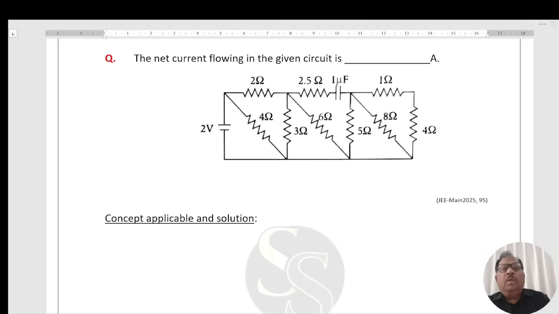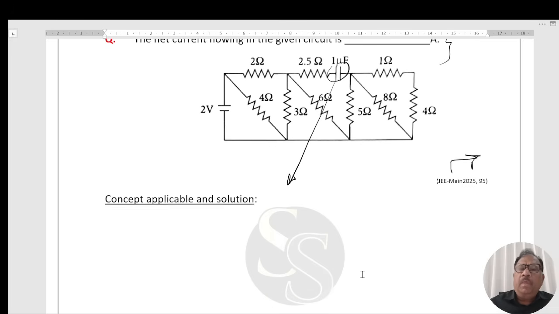The question is, the net current flowing in the given circuit is, answer should be in ampere. Question is taken from JEE Main 2025. Observe the circuit carefully. Battery, resistance, this is the capacitor. We should know the behavior of a capacitor.